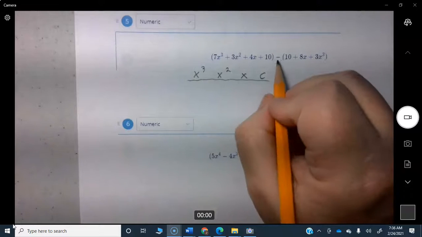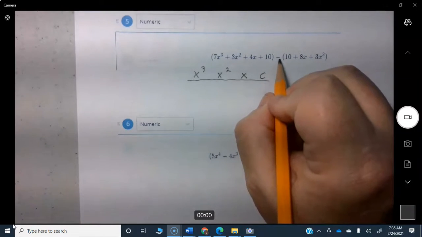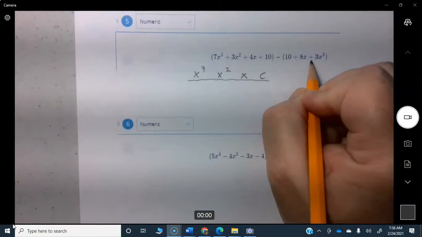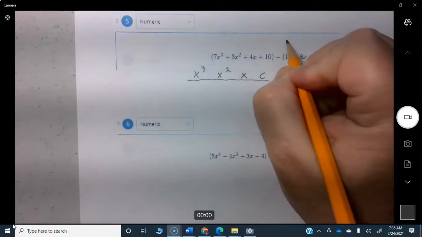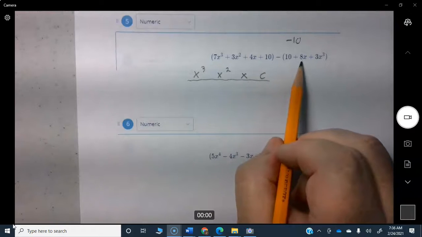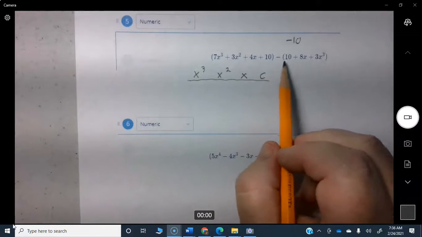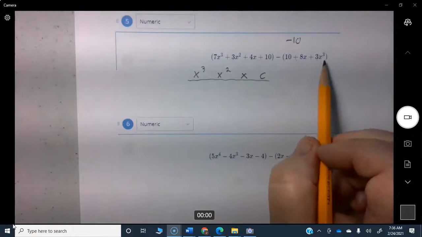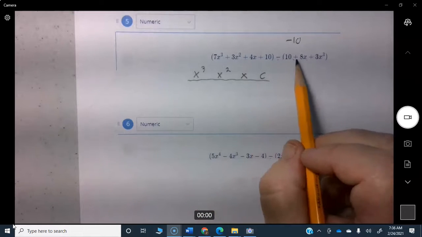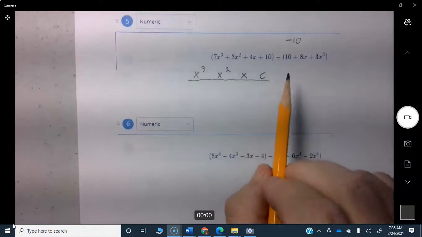Now I'm going to do with the negative sign what I did last time. I'm going to distribute it through here, and that simply changes all the signs here. So it's going to become negative 10. By the way, you notice that this one is not in standard form. That's okay, because you're going to place these wherever they go in the appropriate column. But this is an example of writing a polynomial that's not in standard form.